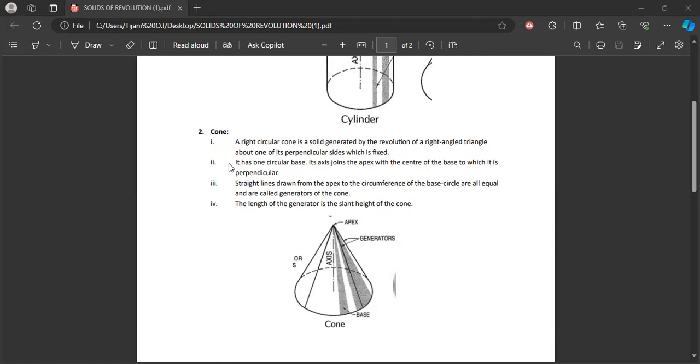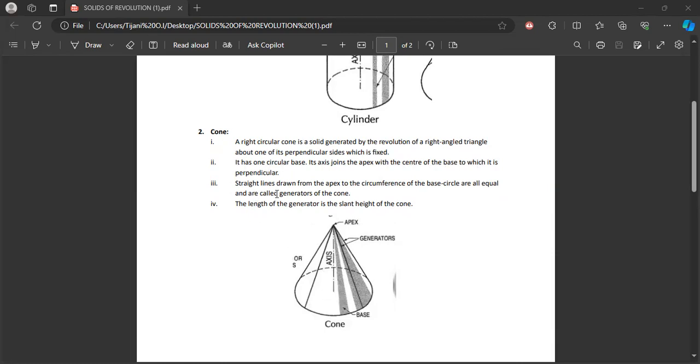It has one circular base. Its axis joins the apex with the center of the base, to which it is perpendicular. This is the circular base, and there is an axis that connects the apex and the base together. Don't forget that the axis is at a right angle to the base.